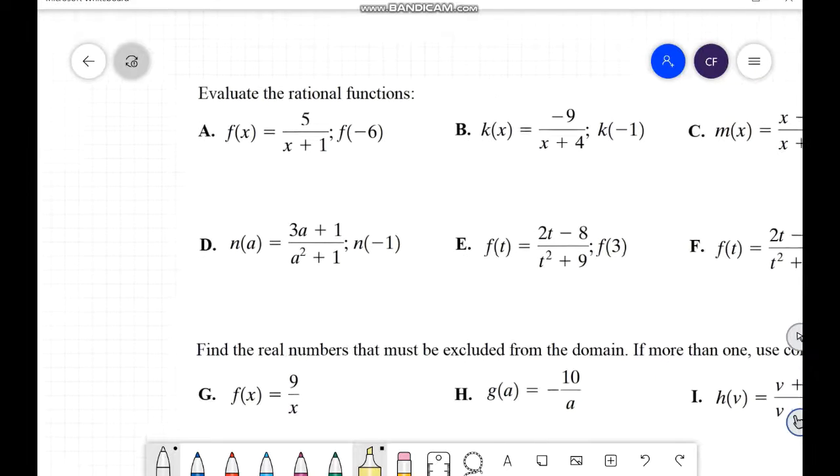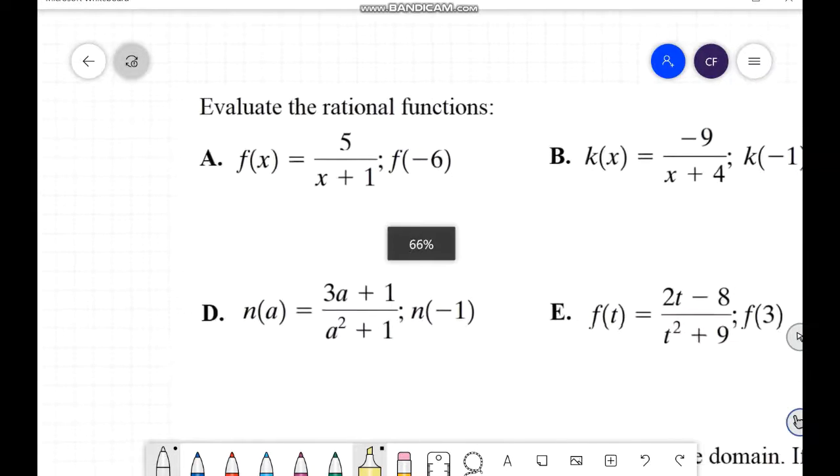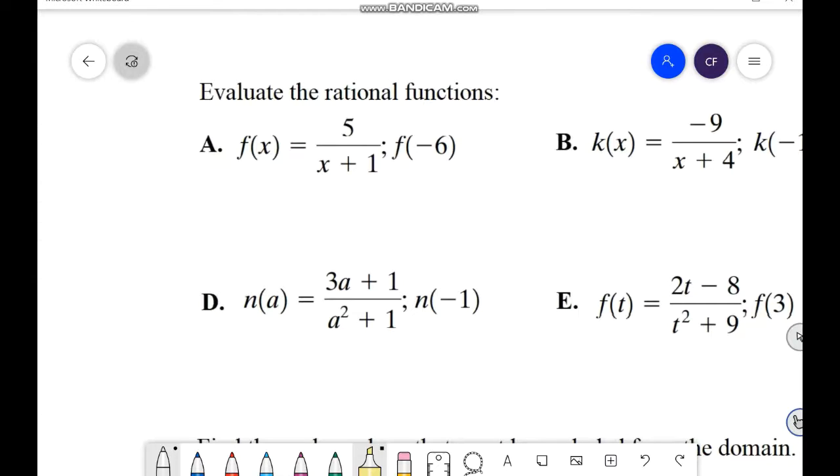Okay. Check this. Evaluate the rational functions. This is the first question of the quiz. Pretty simple. We need to find f of -6. You need to plug x equals -6 into the function 5 over -6 plus 1.